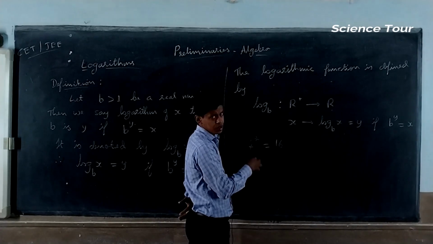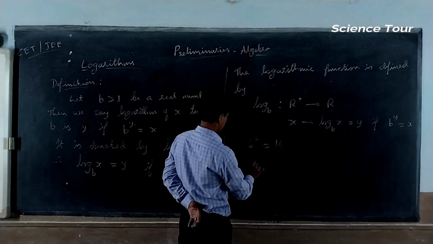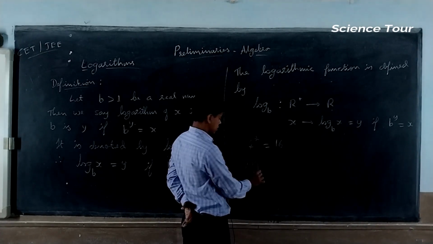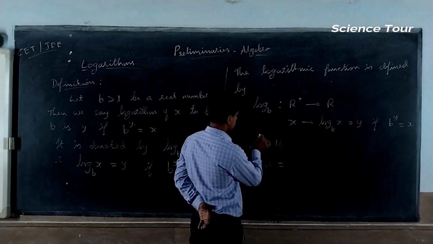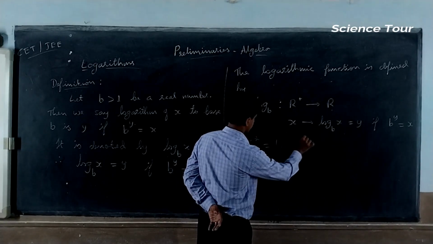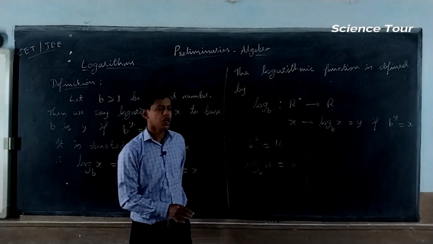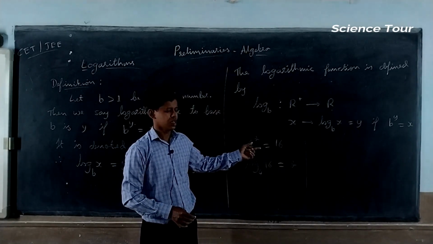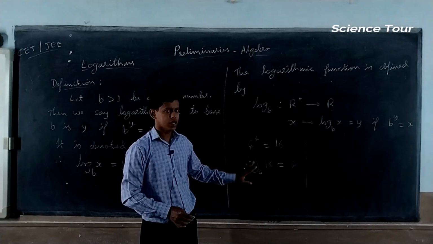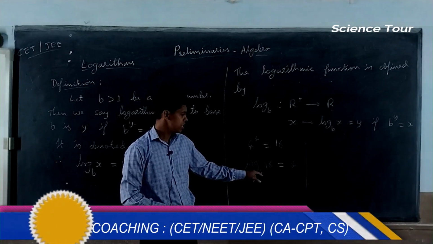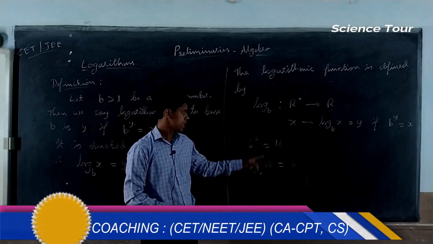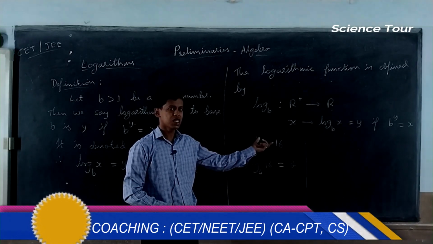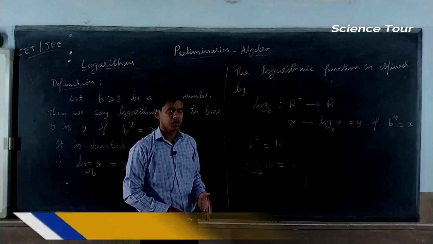Now this can be represented as log to the base 4 of 16 is equal to 2. So this is how you convert from exponential to logarithm. So understand, log 16 to the base 4 is 2. That is because we can convert to exponential and see the verification there.